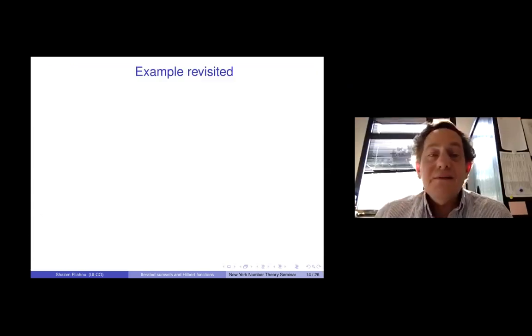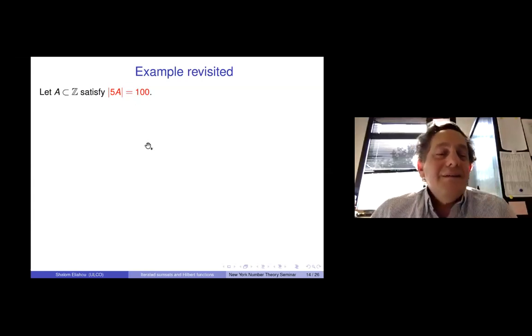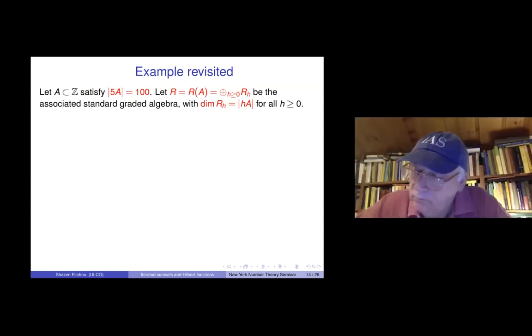Let's first revisit the example. That was a famous example, a set of integers whose fifth iterated subset has cardinality 100. So take the associated graded algebra to that set A.